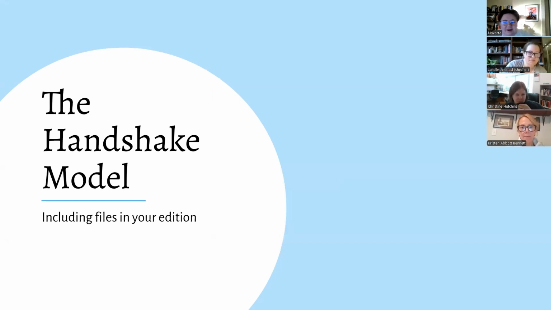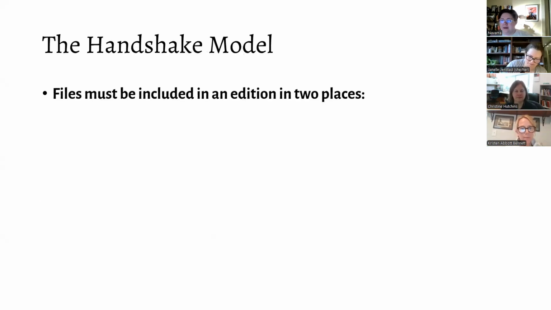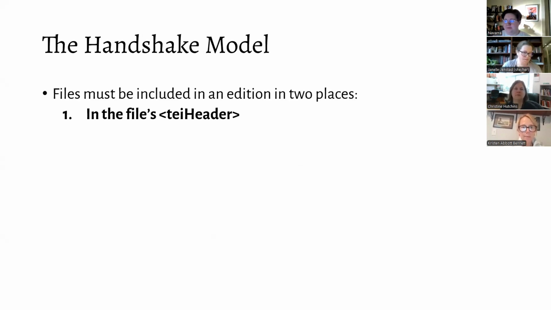So first, let's talk about the handshake model. This is including files in your edition. How LEMDO includes files in your edition, so your annotation file is in your edition, people can look at it online, we have to do that in two places.